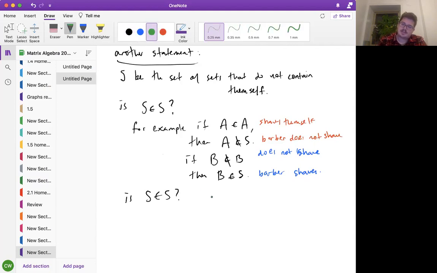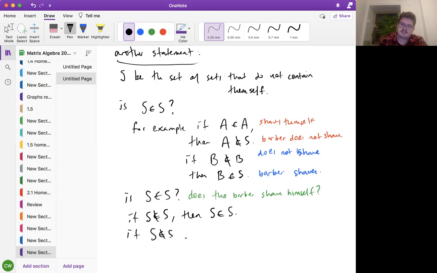Again, this is: does the barber shave himself? And we have that paradox, right? If S is not in S, then S is in S. If S is in S, then S can't be in S.